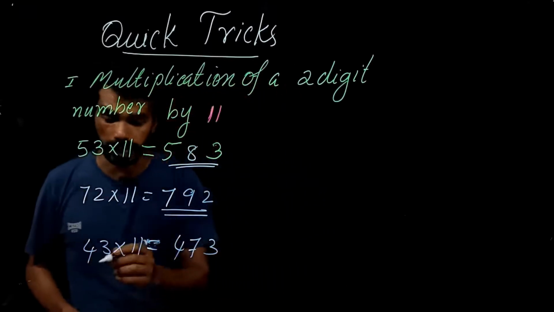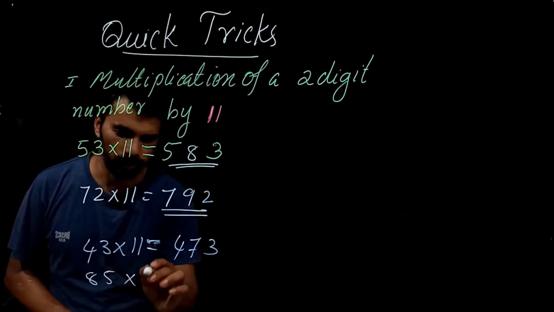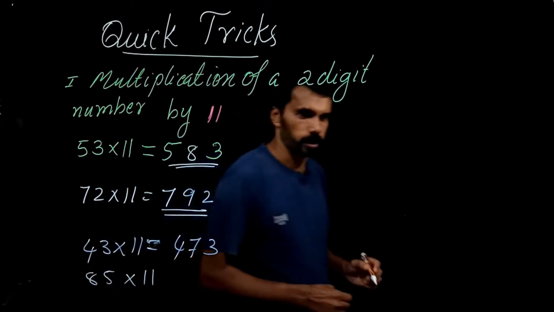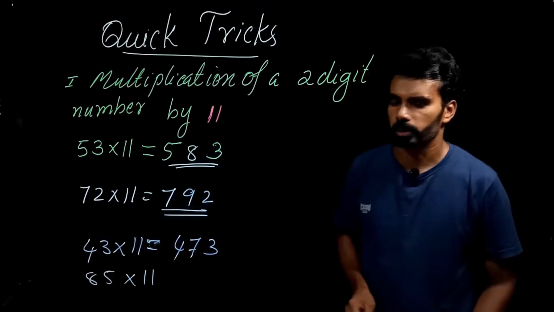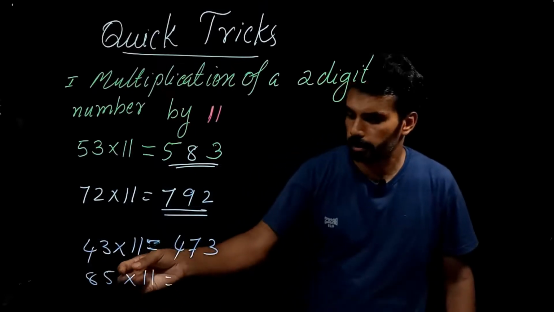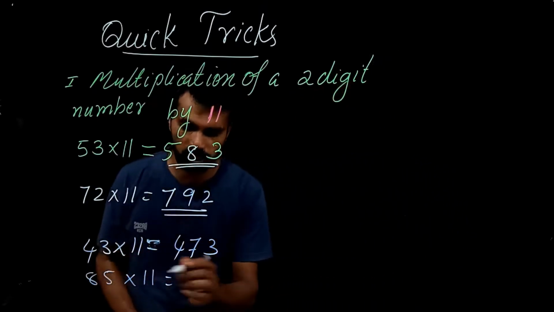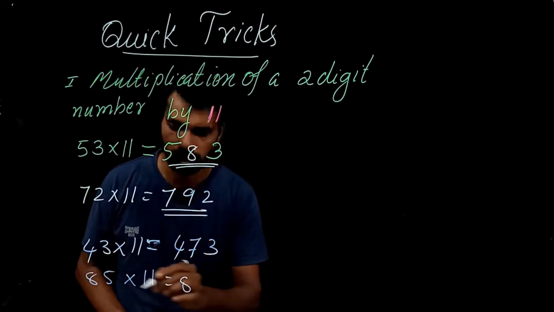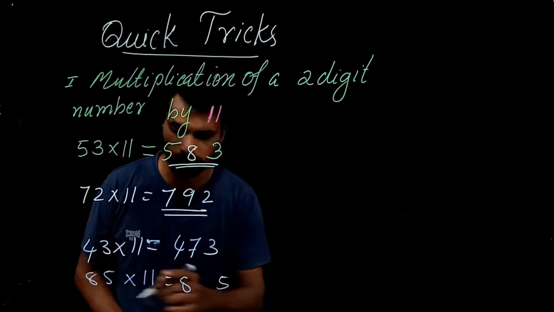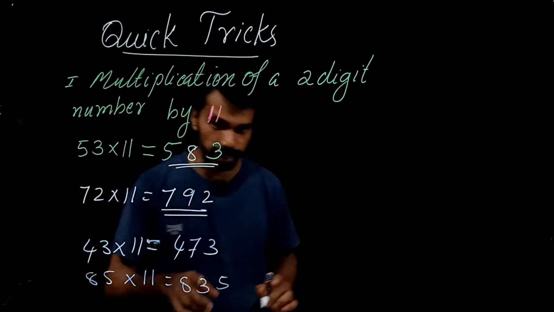Now let us consider another number. 85 into 11. Here a small technique we have to use. The number 8, then 8 plus 5, then end with 5. 8 plus 5 is what? 13.